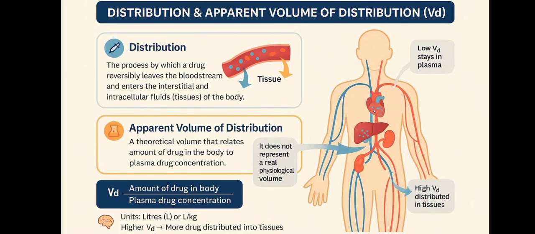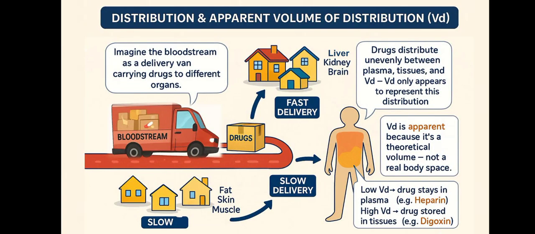The body does not have a single uniform space where the drug distributes evenly. Instead, different drugs distribute unevenly between plasma, tissues, and fat. The calculated VD is therefore only an apparent or assumed volume that reflects how the plasma concentration of a drug relates to the total amount of drug in the body.